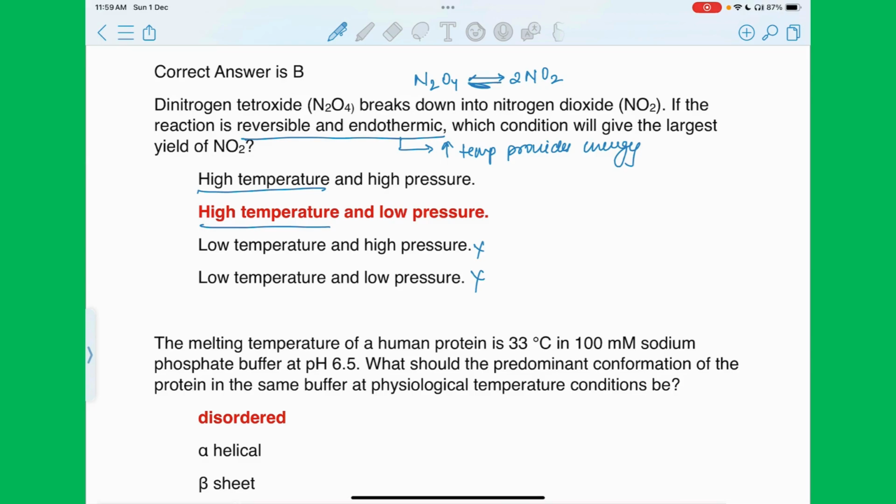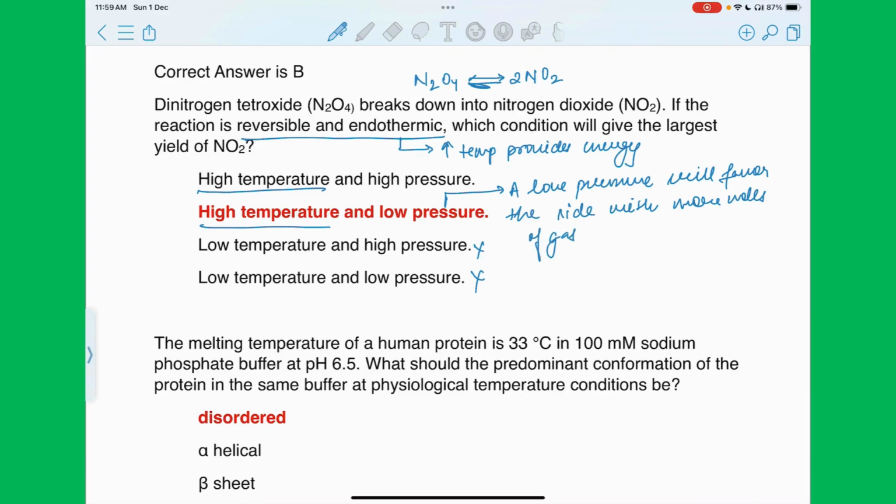Now when we talk about the pressure, a low pressure will favor the side with more moles of gas.